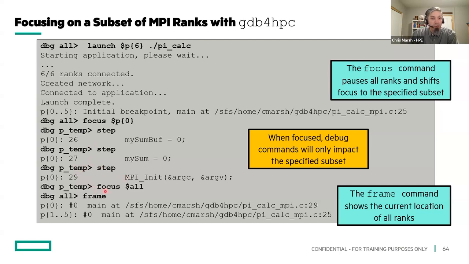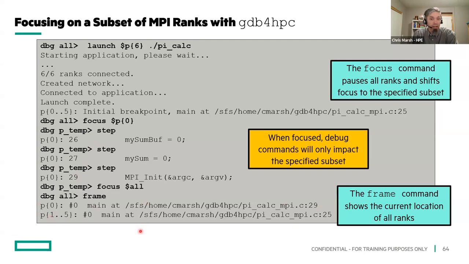And then I do a focus all. And when I do a focus all, it brings me back, steps back from my focus, right? And if you do the frame command, that will show you where you are in each of your ranks. And so what you can see is rank 0 is at line 29.